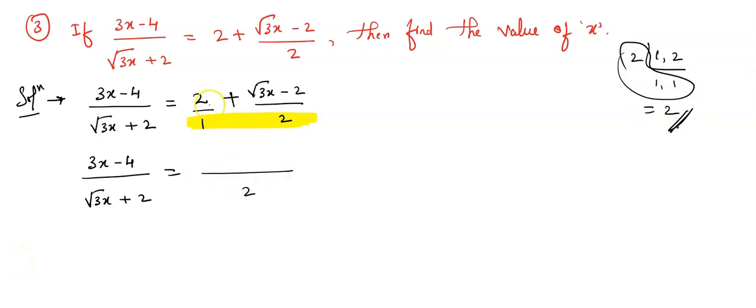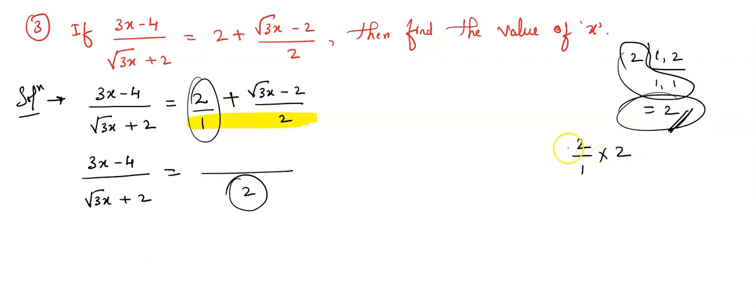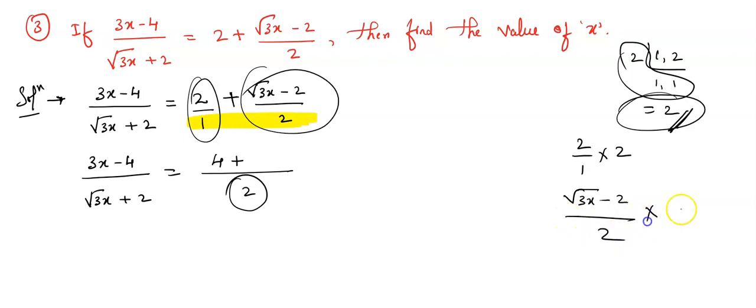Now this 2 by 1, multiply it by the LCM, which is 2. 2 twos are 4, plus. Now see this RHS term, root 3x minus 2 by 2. This entire term again you multiply by the LCM.